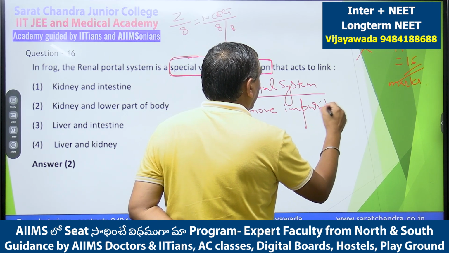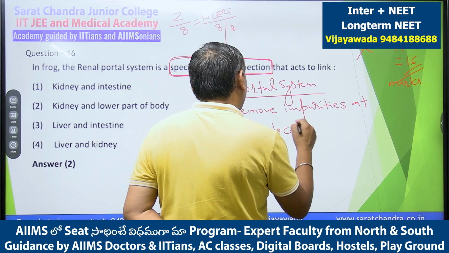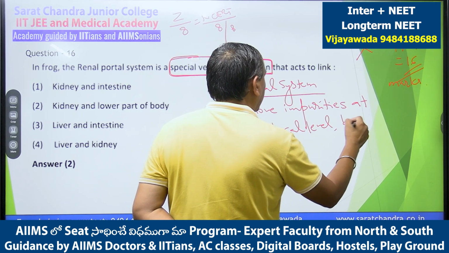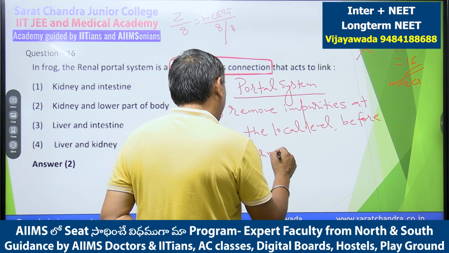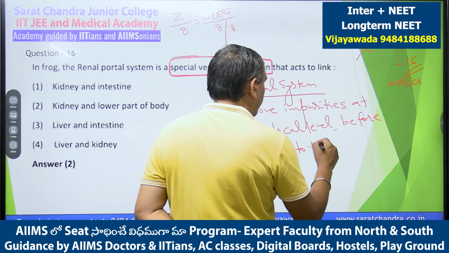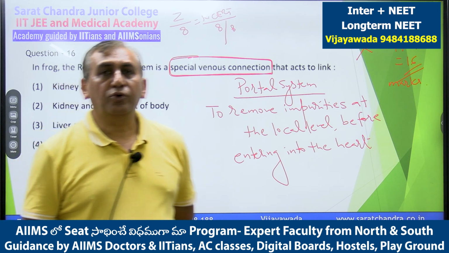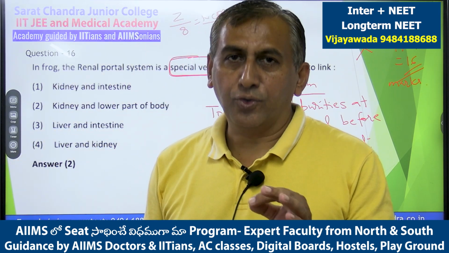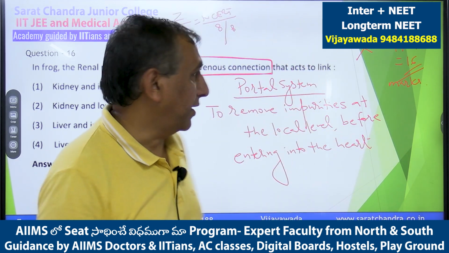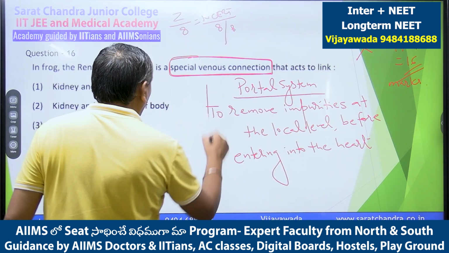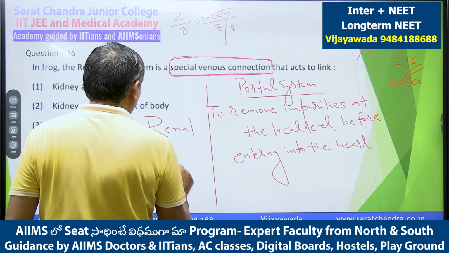To remove impurities at the local level before entering into the heart. It means the target of this portal system is to remove impurities before they reach the heart and mix with the blood. In frog, 2 portal systems, the renal portal system and the hepatic portal system, are present.